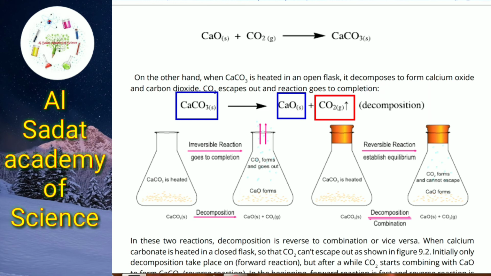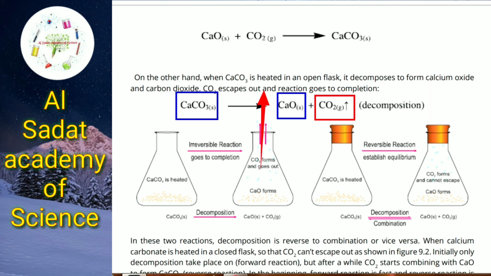When CaCO3 is heated, carbon dioxide is formed and escapes because it is a gas, and the residue will be only CaO, which cannot be reversed to form CaCO3.